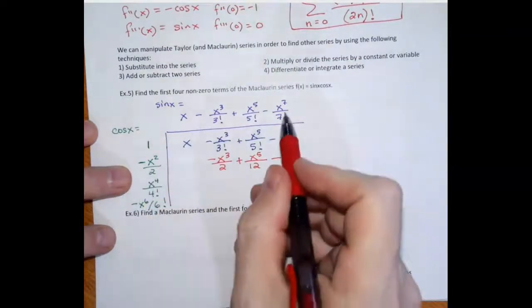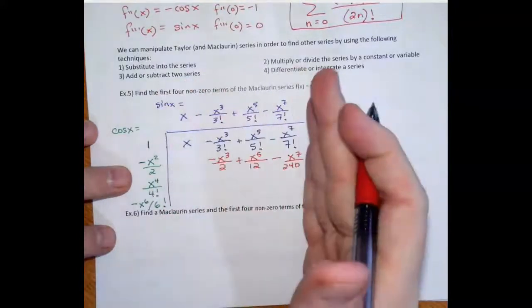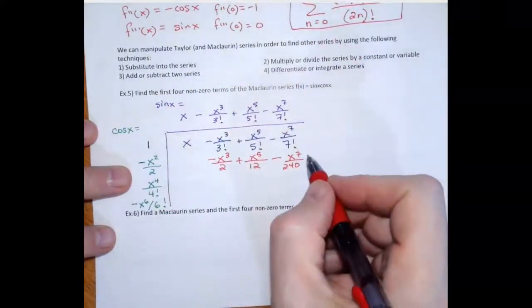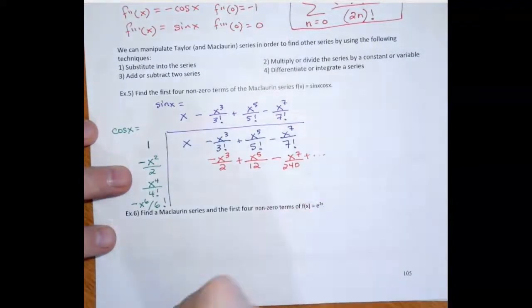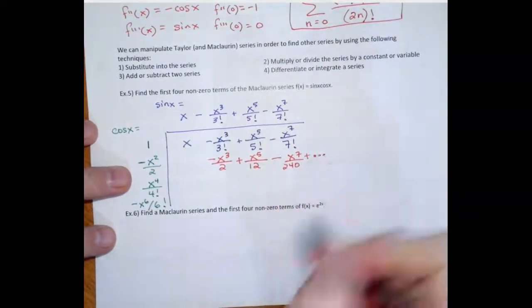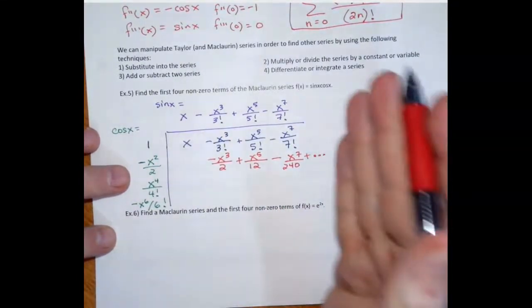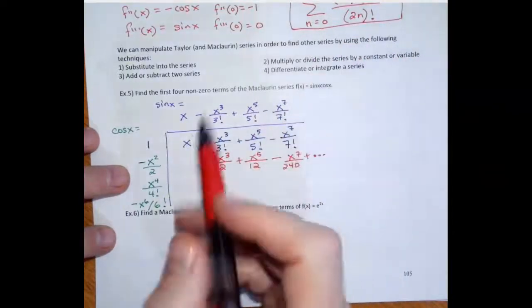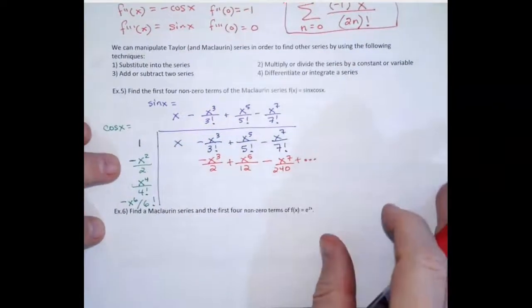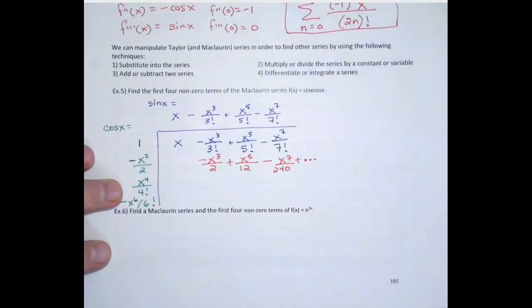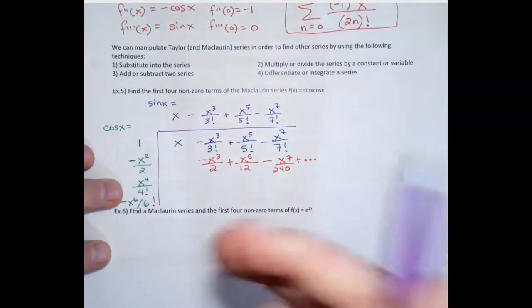Now, I could multiply this by this, but I only want the first 4 terms, so that doesn't really matter. We don't need that term, because that'll be part of the 5th term, and it just said find the first 4. Okay, so moving on to the next one down here.